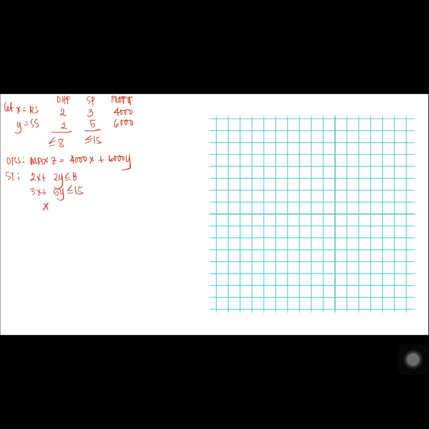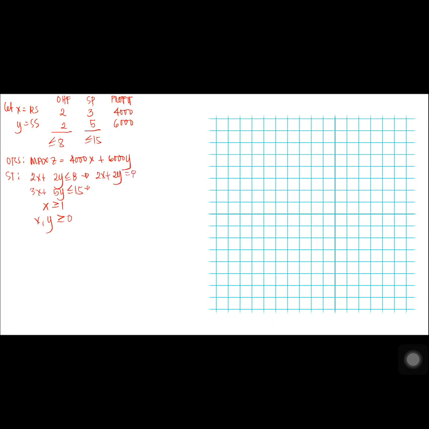Don't forget, the demand for regular steel is at least 1 ton, so that's x greater than or equal to 1. And of course, our implicit constraints, x and y should be greater than or equal to 0. Let's make these equations.